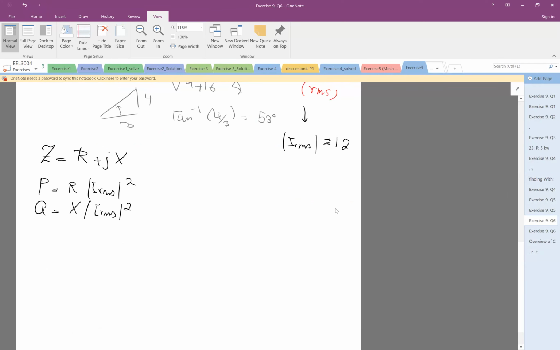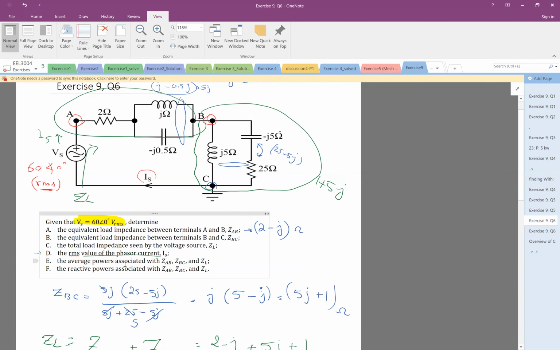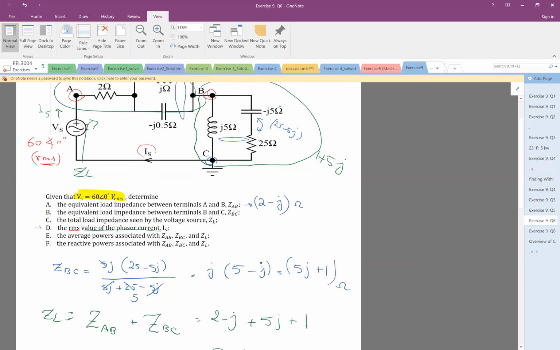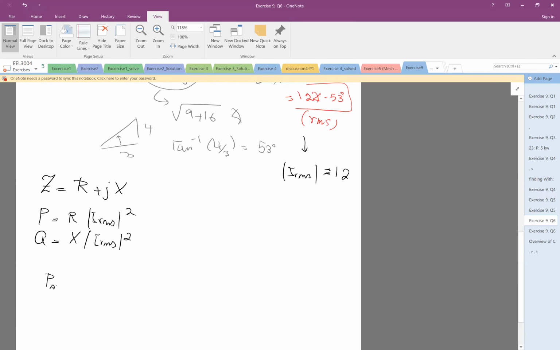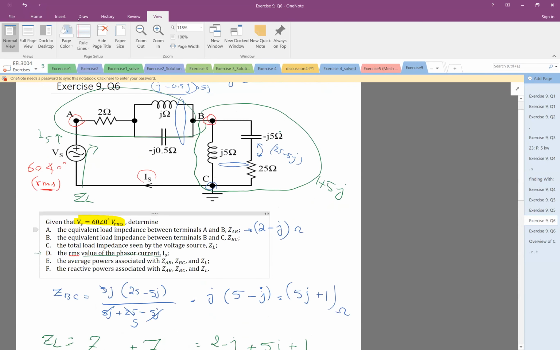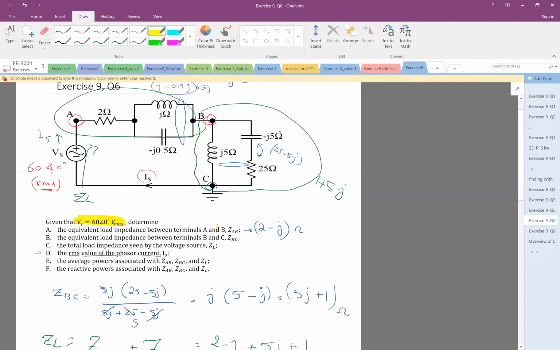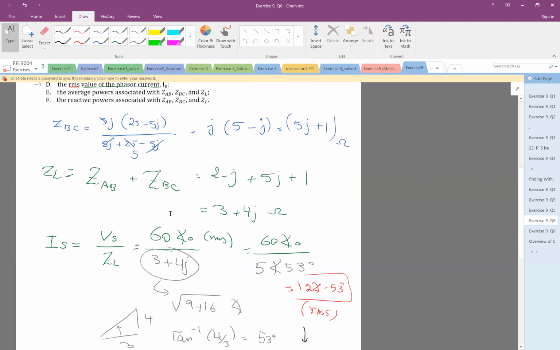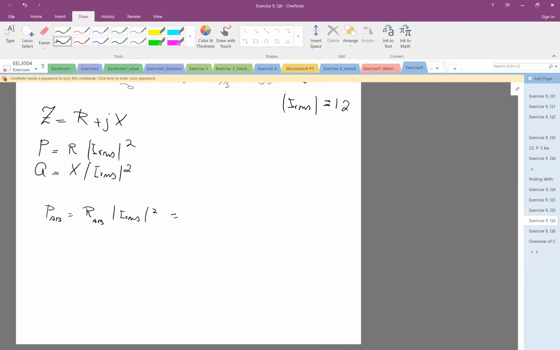For example, for P, the average power associated with AB, will be the R equivalent between A and B times the I RMS squared. For A and B, the R is 2. The whole Z was 2 minus J, so R was 2 and X was negative.